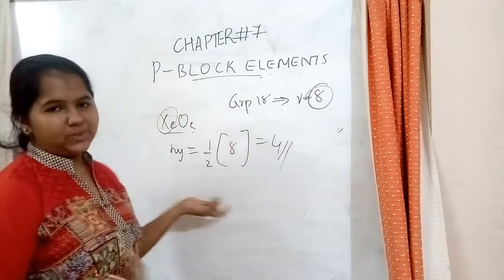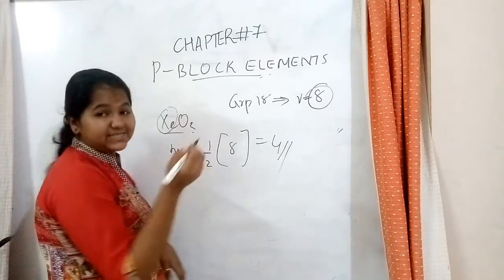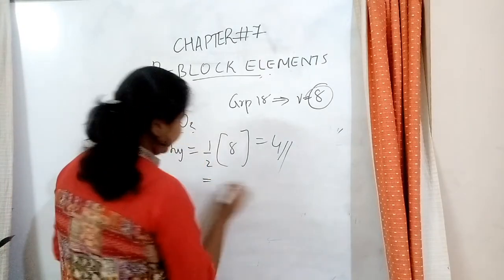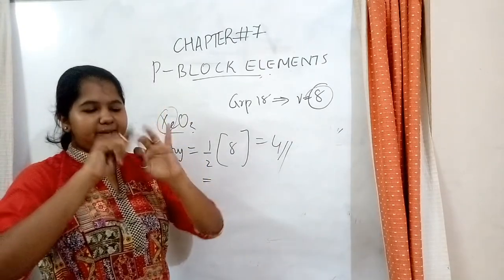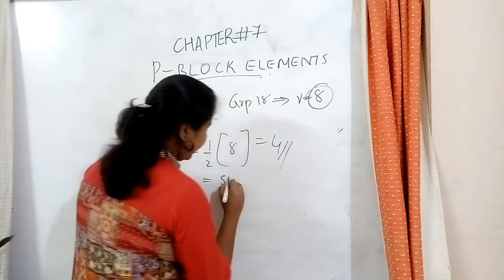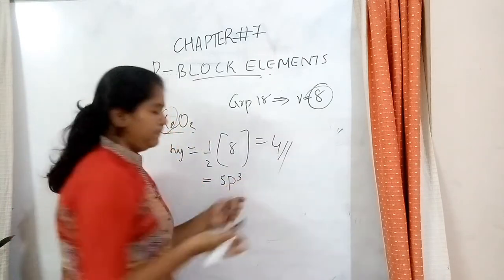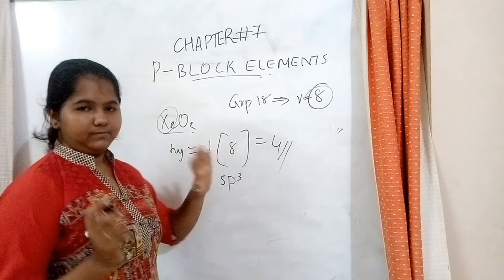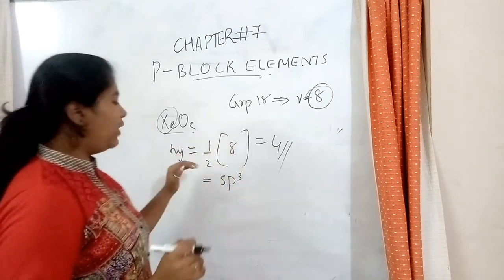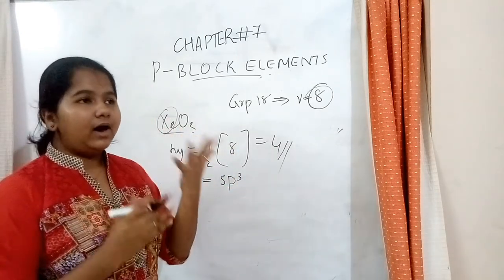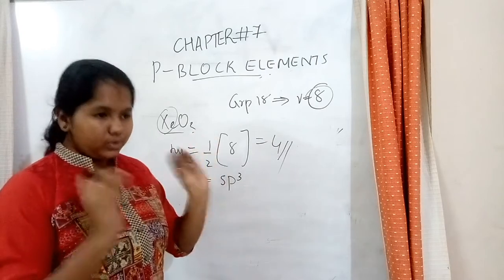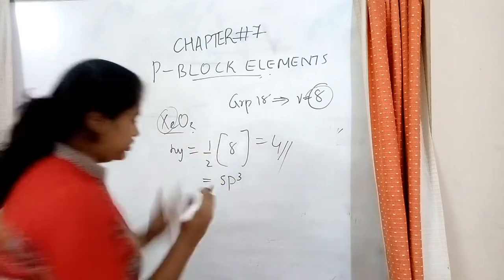That is 8 by 2 is 4. Now let's write the hybridization. So what is this? sp3. That is our hybridization. Now let's see what is the shape which is usually coming. What is the expected shape?